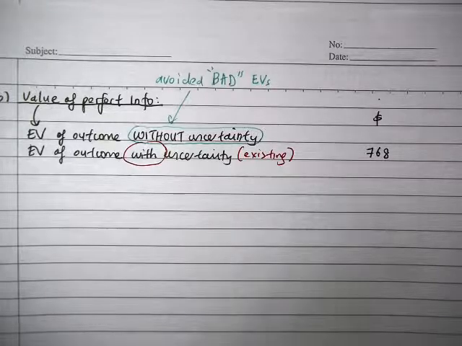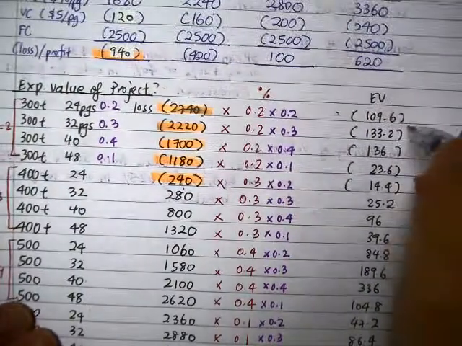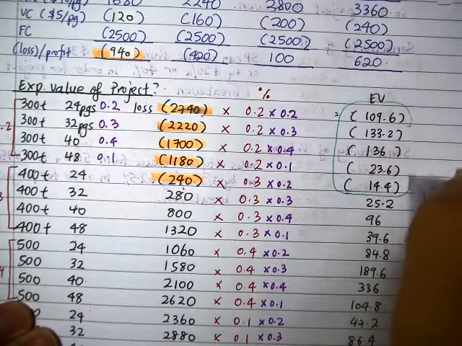Okay, that's what you're going to see. You would have avoided the bad EVs. That means you know things are not good, you will not go ahead. Now, if you know things are not good and you won't go ahead, that means these are the 5 you won't see it.